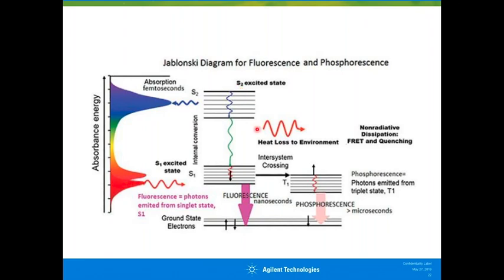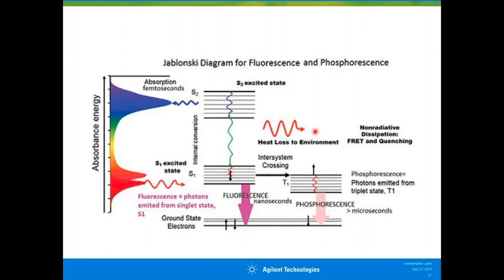Due to this, it would emit a photon, which we would see in the form of fluorescence. In conventional fluorescence, photons are emitted at higher wavelengths than the photons which are absorbed.